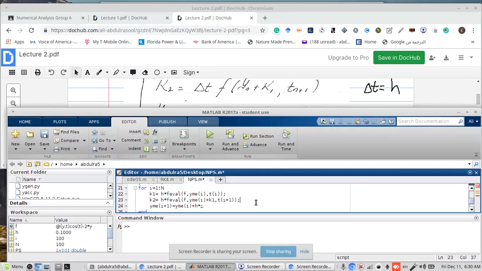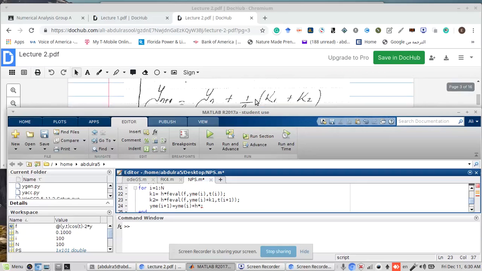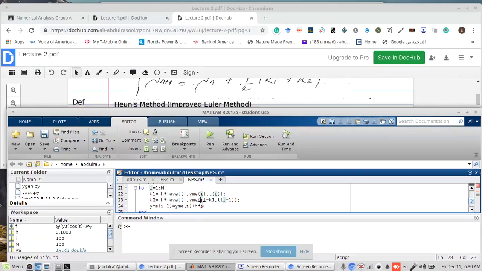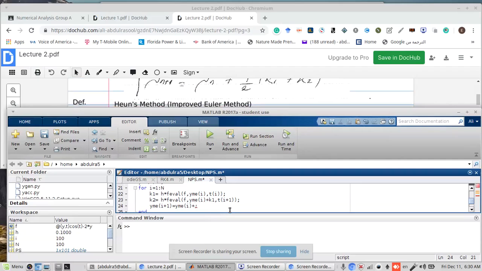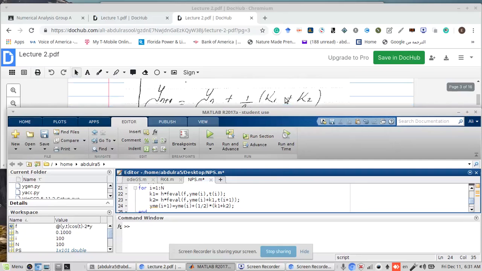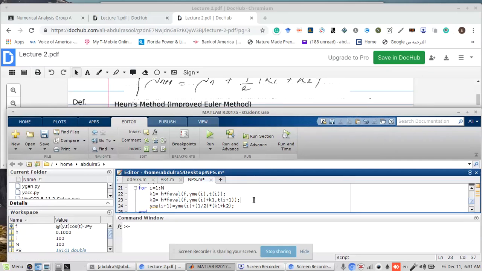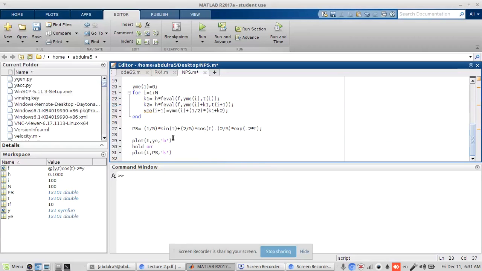Now it should be okay. And finally, the general form for Y. Let's remove H and write half times K1 plus K2. So K1 here, K2 here, we have everything set up. All right, so everything is correct.